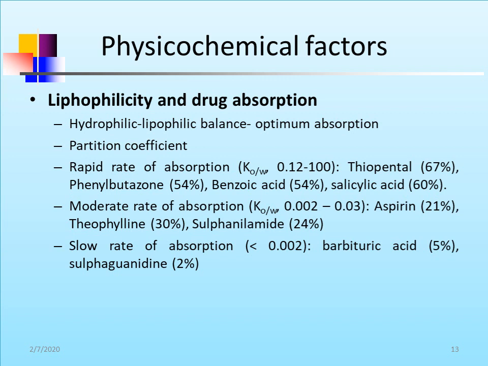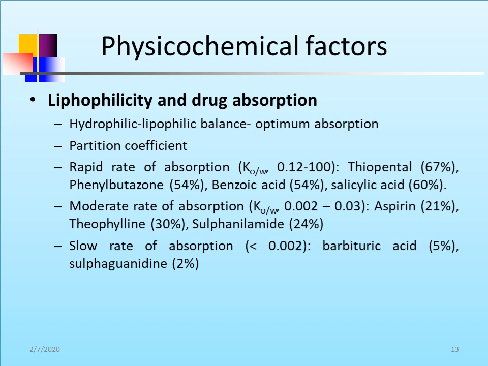Moderate rate of absorption when these values lie between 0.002 to 0.03. For example, aspirin, theophylline or sulfanilamide, where the absorption lies between 20 to 30%. And slow rate of absorption when the partition coefficient is less than 0.02, and very little drug is absorbed, that is less than 5%.